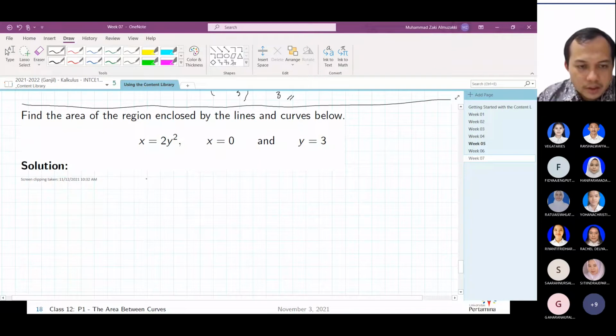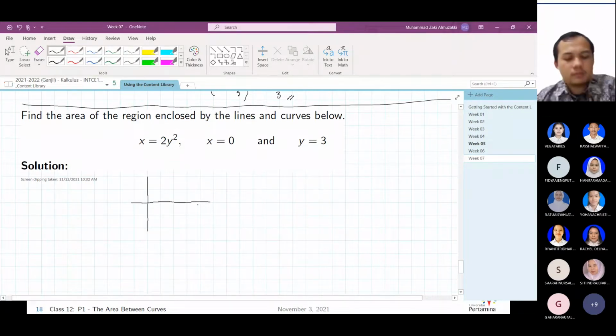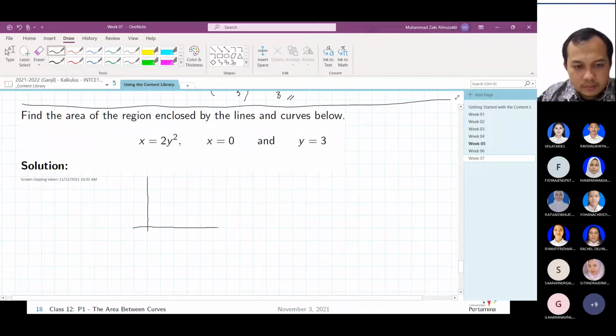So if we draw the picture, x equals 2y squared.